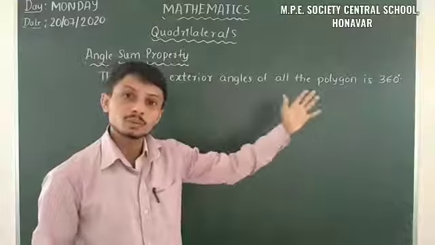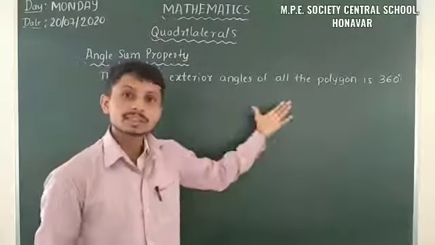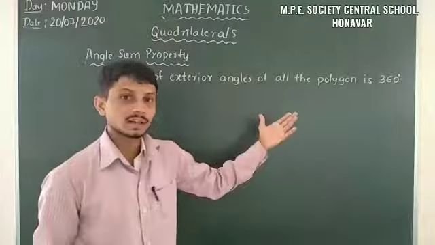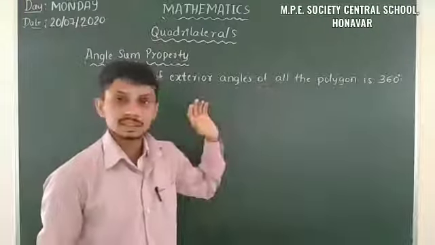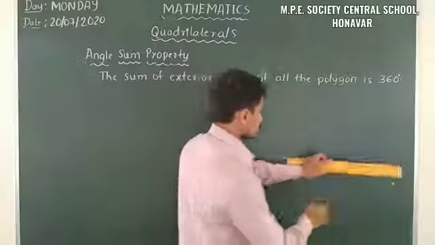For that we have to take one quadrilateral, and prove that the sum of all exterior angles of a quadrilateral or any polygon is 360 degree. So firstly we have to draw a quadrilateral.